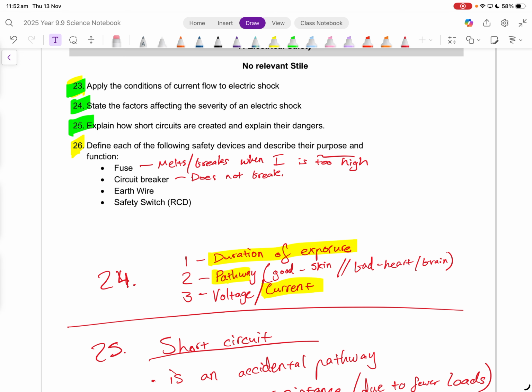So when we have electricity, it's tied to this idea of electromagnetism. So let me write it out for you. Does not break. As current increases, so too does the magnetic field.